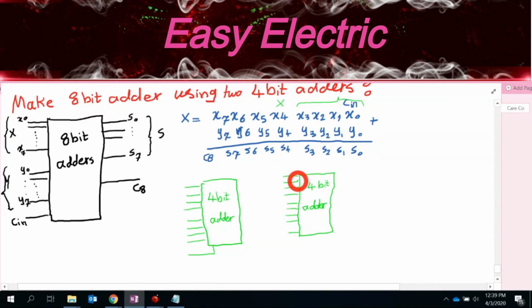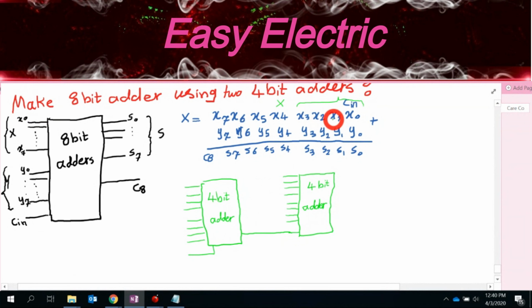So that means I could use the next one. So what should be this carry? This carry is the carry that you have for the first add. It should be the carry in for the second one. So at least I know this should be connected to here, right? So why?